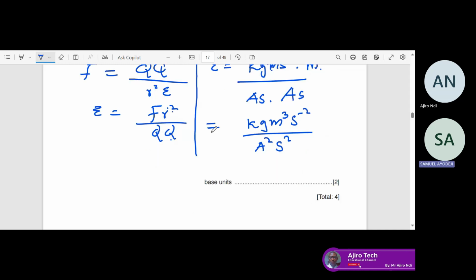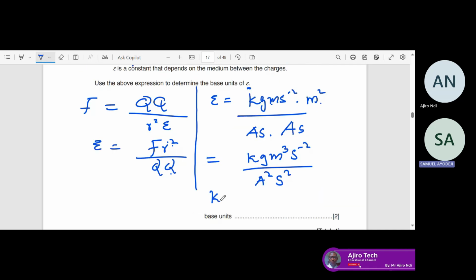So that will be kilogram meter cube second to the minus 4 ampere to the minus 2. Hope I'm right with that mathematics.